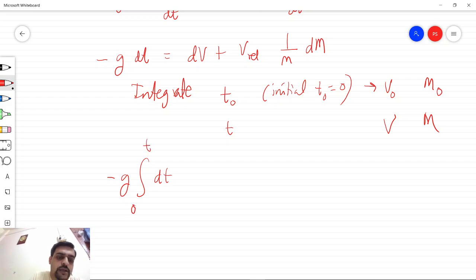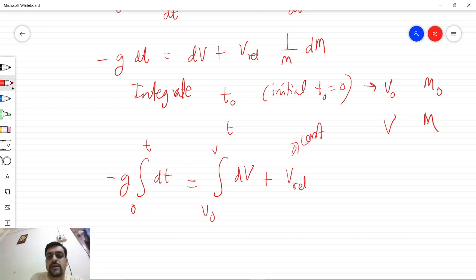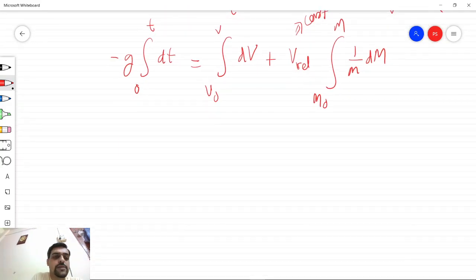So when this is integrated, g is a constant, so we get minus g integral dt from 0 to t is equal to integral dv from v0 to v plus v relative, we are assuming that v relative is constant, integral 1 by m dm from m0 to m. Now this gives us minus gt, since dt integrated gives us t, upper limit t minus lower limit 0 gives us t.